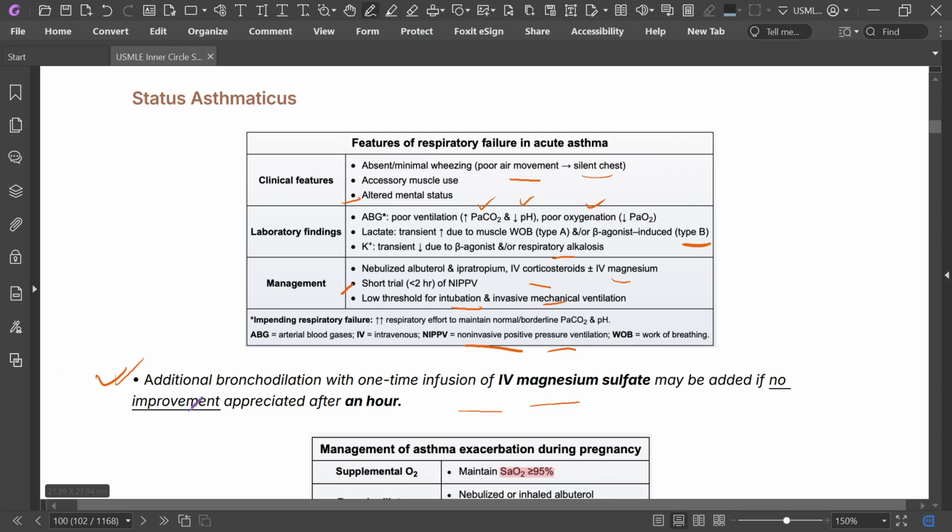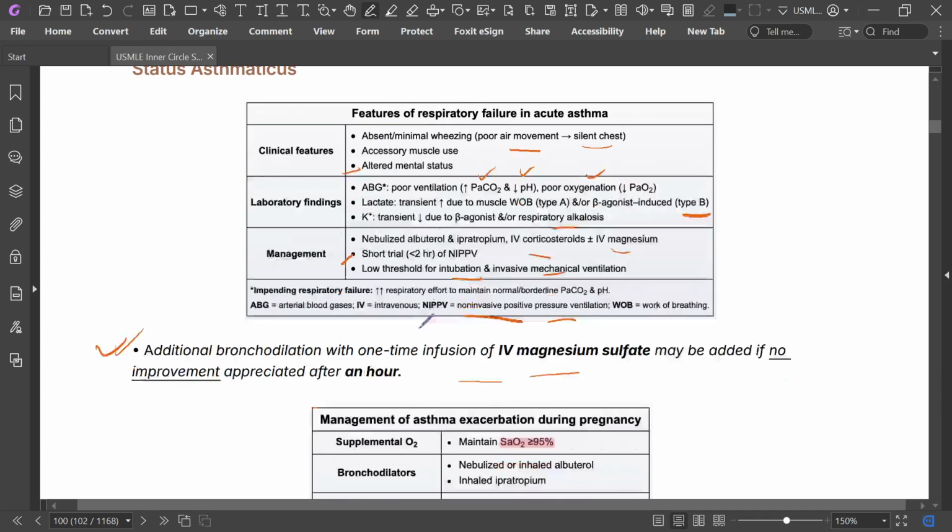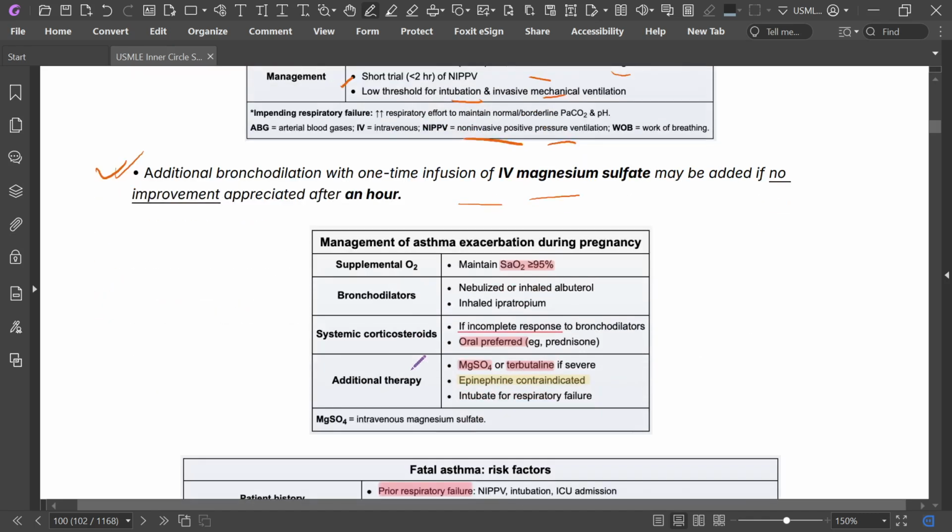So for status asthmaticus: nebulized albuterol, ipratropium bromide, IV corticosteroid, IV magnesium, a short trial of less than 2 hours of non-invasive positive pressure ventilation, and a low threshold for intubation and invasive mechanical ventilation.